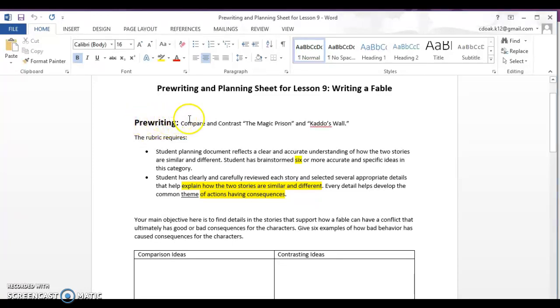The pre-writing stage is before you ever start brainstorming for your outline, like what you want your paper to say. This is just a time for you to get your ideas together. You can use The Magic Prison and Cato's Wall to help you understand fables.